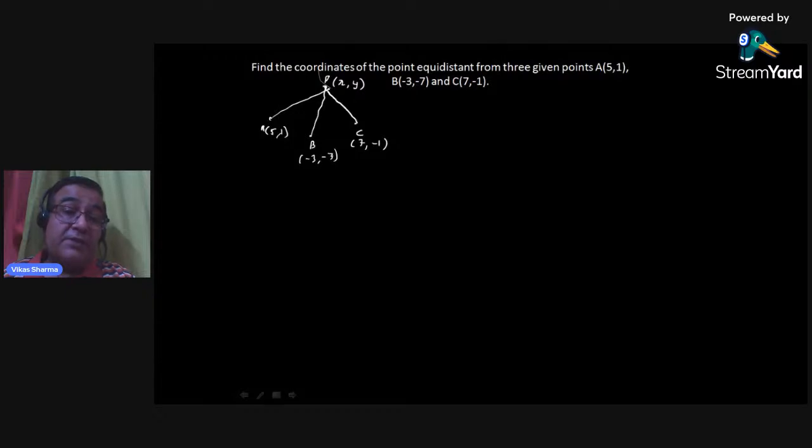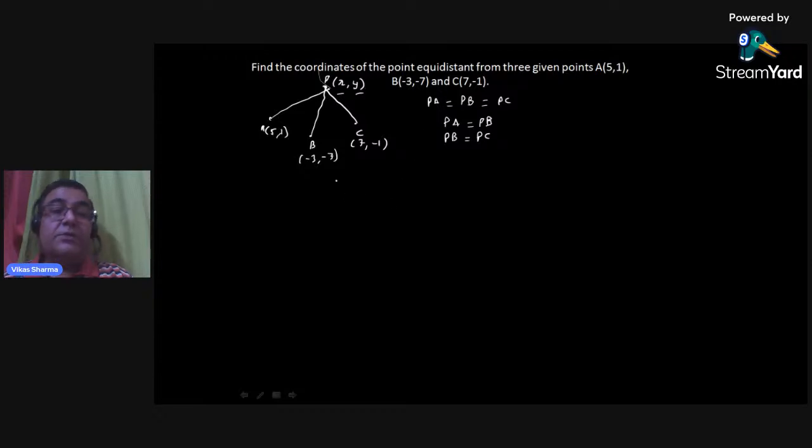So that means that PA should be equal to PB, and it should also be equal to PC. So I can write it as PA is equal to PB and PB is equal to PC. So I'll take these two equations and then try to solve it and find out what the value of x is and what the value of y is.